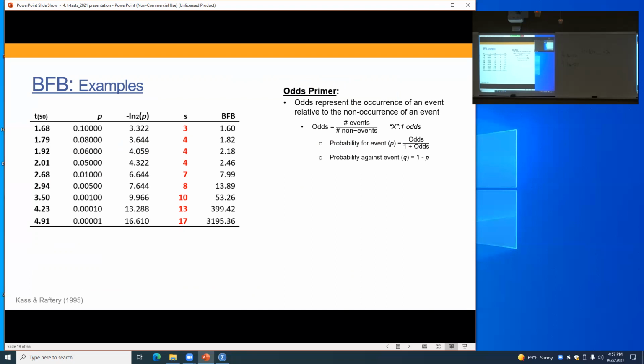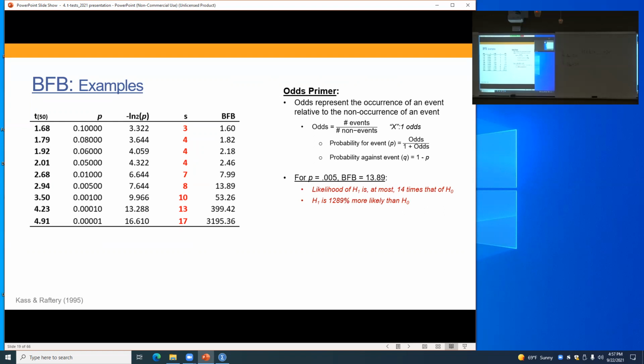Anybody do any stuff with odds ratios in their research? Odds ratios are pretty handy, actually pretty slick. We ought to use them more, right? For, let's say, 0.005 here, our Bayes factor is 13.89.